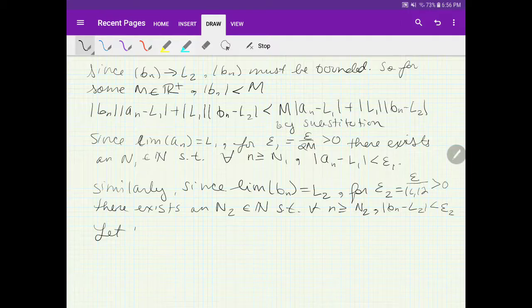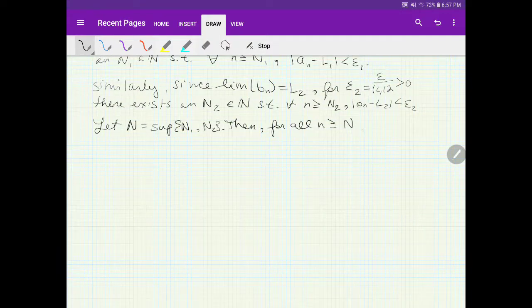Let's let capital N equal the sup of n1, n2. Then for all little n that are greater than or equal to capital N, we've got m times the absolute value of a sub n minus L1, and I'm just rewriting what was above, plus the absolute value of L1 times b sub n minus L2.